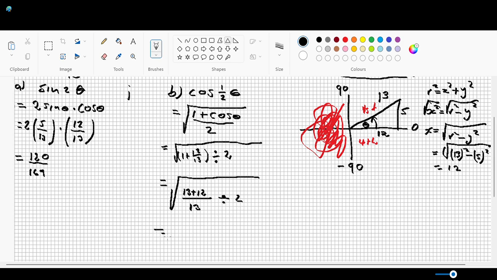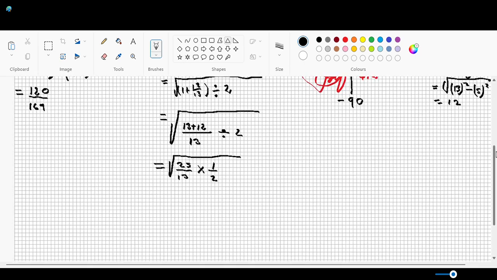So we're going to have 25 over 13. Alright, and then we can change this into multiplication. If you change this into multiplication, this becomes half. Alright, so let's continue, guys. I hope you can follow through.